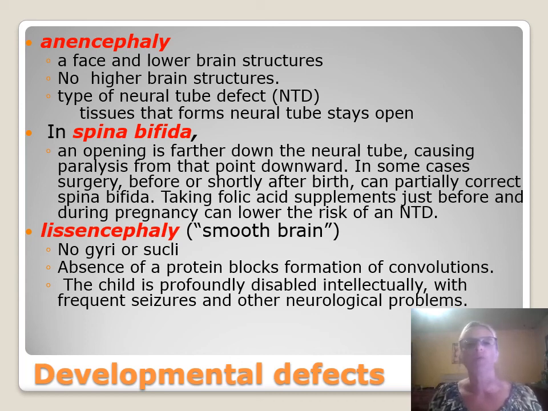And so then we have spina bifida, which you're probably a little more familiar with. And that is when an opening is further down the neural tube than it should be. And so if it's open further down, it can actually cause a paralysis because it doesn't close up. So it can cause a paralysis from that point downward. In some cases, surgery can be done before, so while still in the womb, or shortly after birth, and correct some of that.